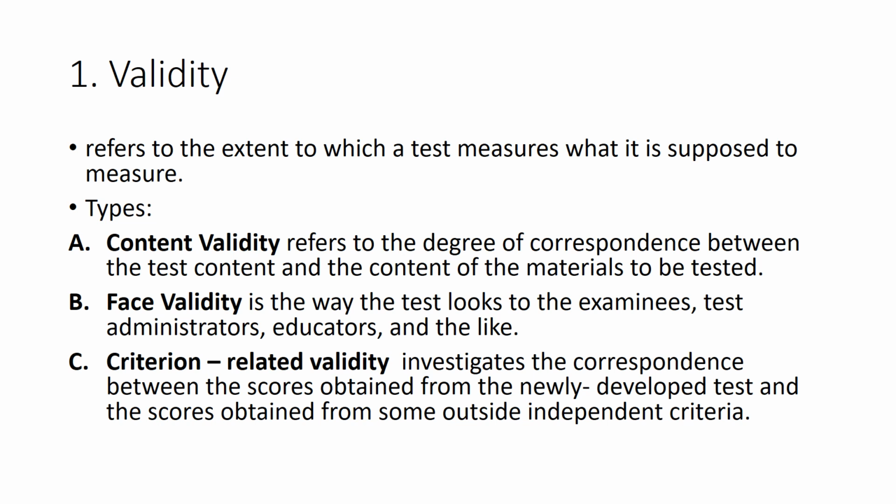Okay? So, how will the test look for those people? This is what we mean by face validity. Is it going to look to them like the right test, the acceptable test, the suitable test, or not?